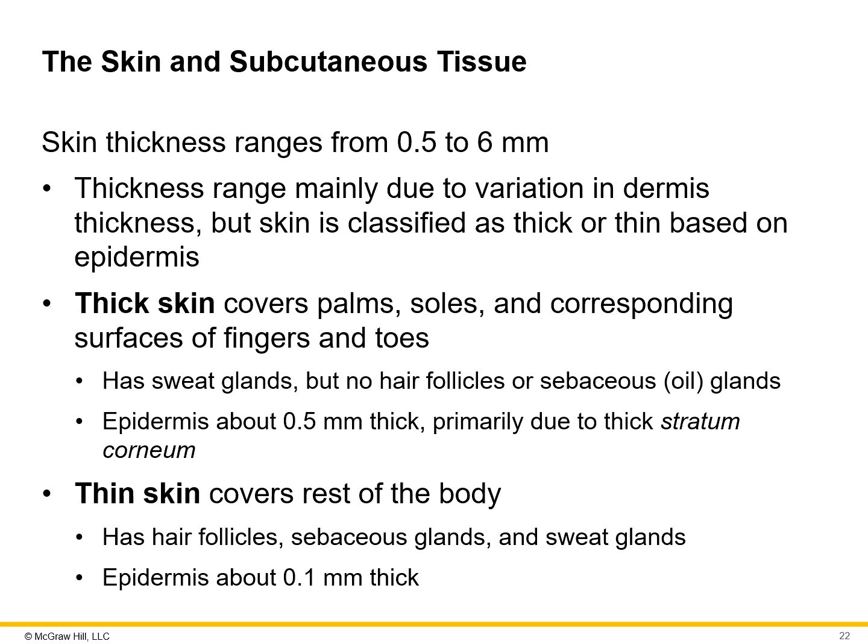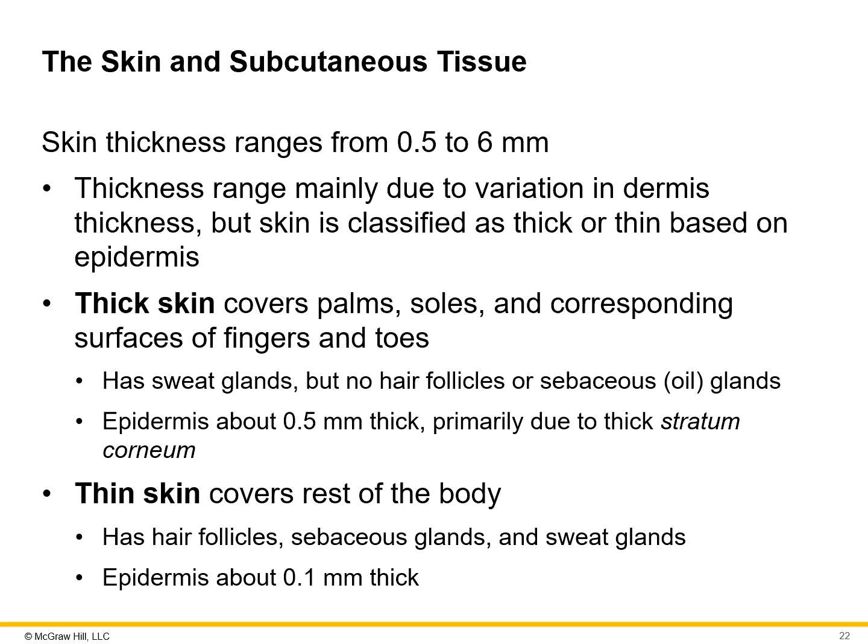Thin skin is going to cover the entire body, and it's going to have structures like hair follicles, sebaceous glands, and sweat glands, while thick skin is only going to be found on the palms of our hands, the soles of our feet, and the corresponding surfaces of our fingers and toes.